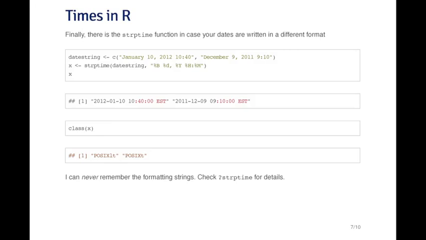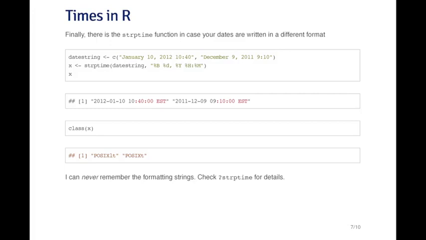In this case, you'll see all these percent signs followed by letters, and you can look up what these symbols mean in the help page for strptime. So %B is the unabbreviated month name. %d is the day, then comma, and then %Y is the 4-digit year. Then %H is the hour, followed by colon, followed by %M, which is the minute.